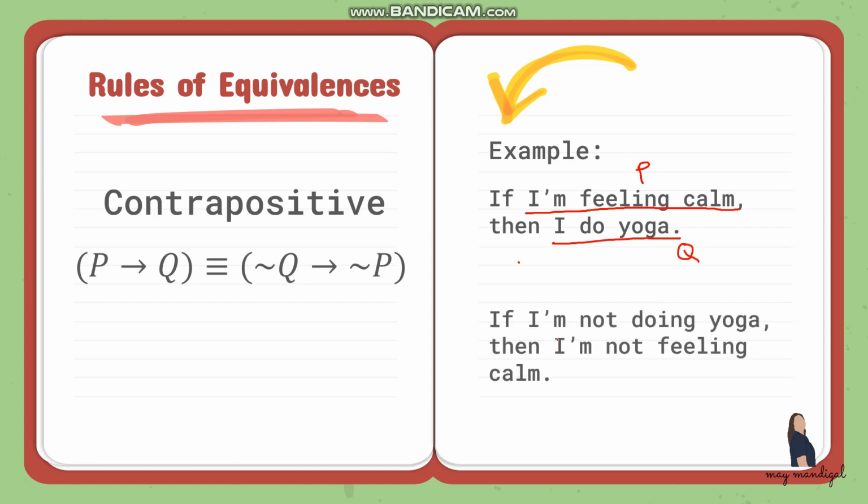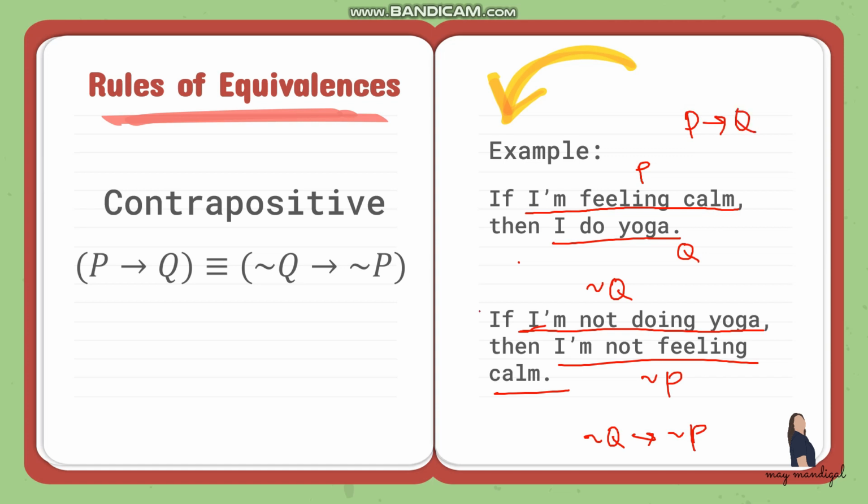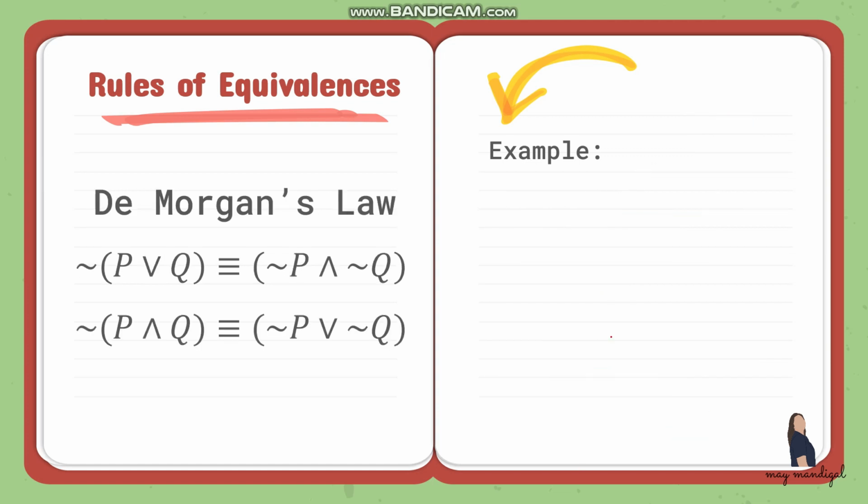So that will be, if I'm not doing yoga, then I'm not feeling calm. I'm not doing yoga is not Q, and I'm not feeling calm is not P. So we have now not Q then not P. These two are equivalent with one another.